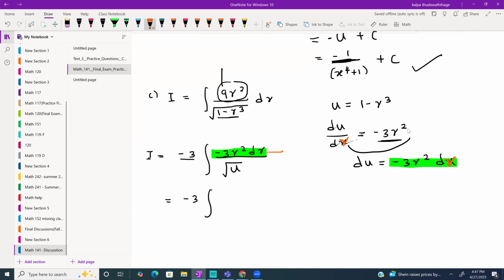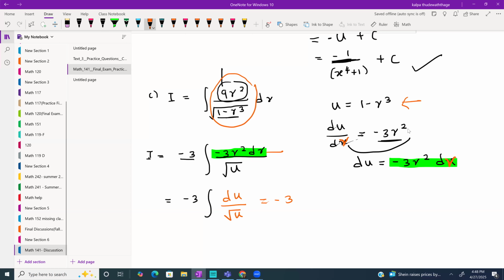Same thing here, and I have the square root of u here. So you recover the integrand. All the expressions, numerator and denominator, with variable r are replaced by variable u.